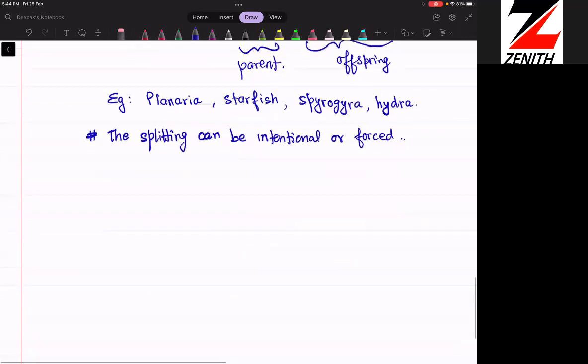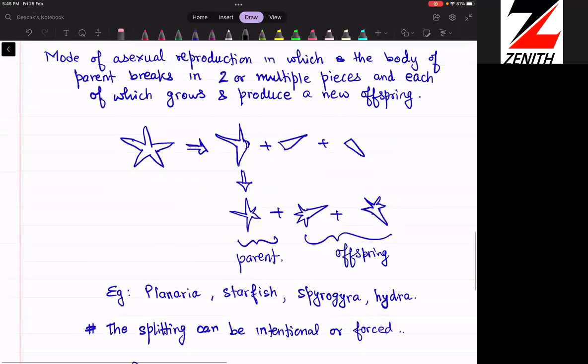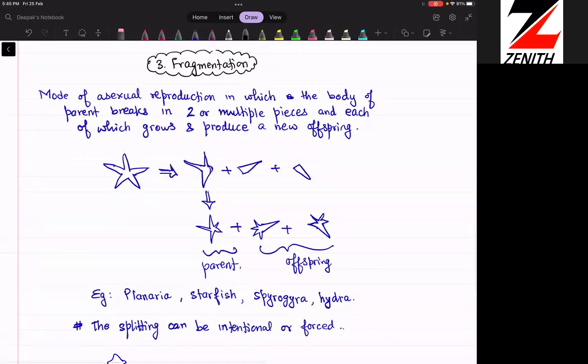So this organism planaria is there. This is what planaria looks like, right? This planaria, if you divide it into two parts, each one will form one organism. So please copy fragmentation. Let me know once copied. Okay, Pratna, let me know once you have copied.